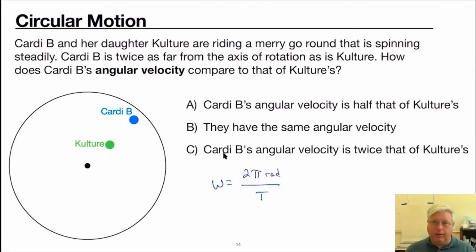How long does it take to complete a full revolution? So it has nothing to do with where you are on the merry-go-round. So it will be B. They're going to have the same angular velocity.